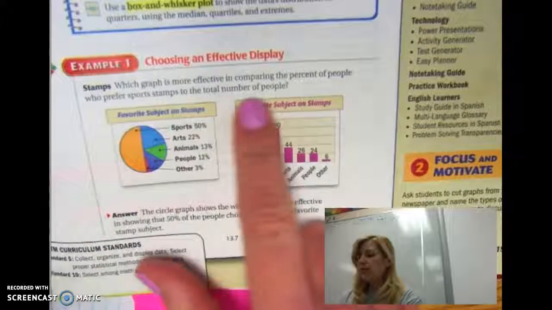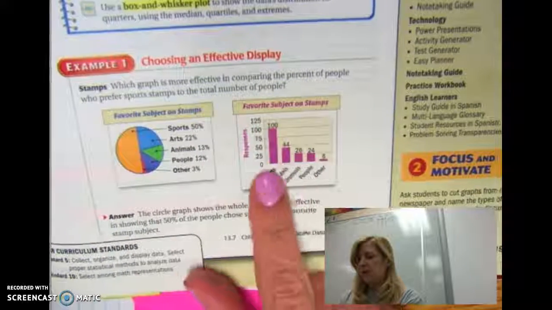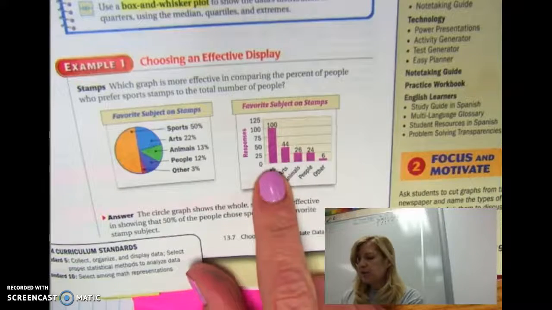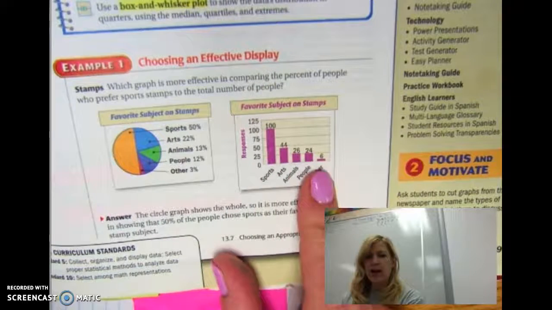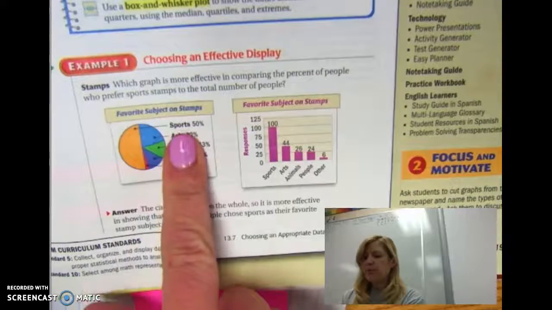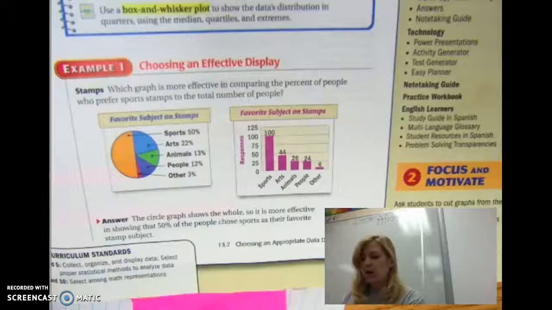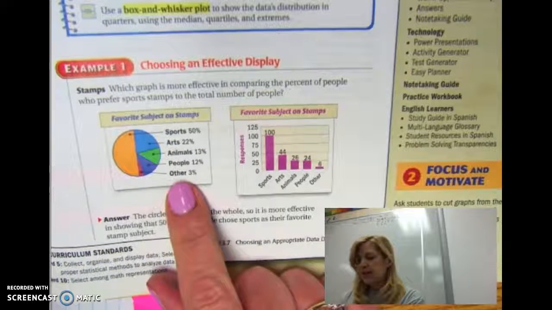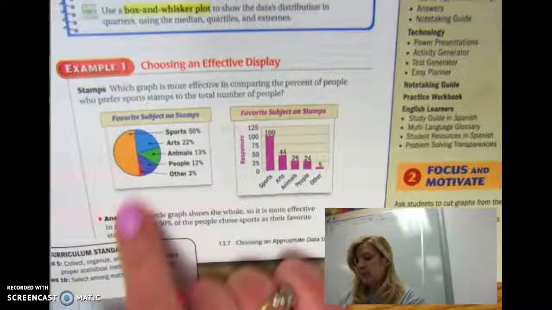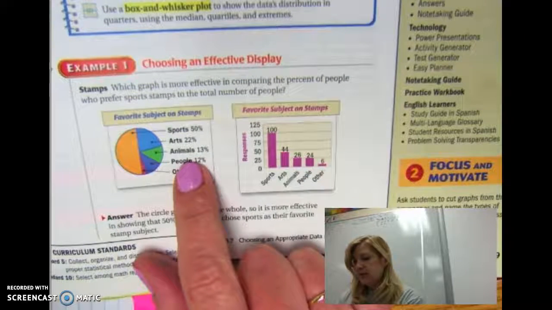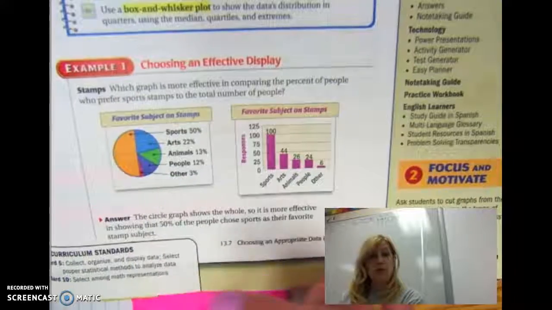But what we are looking for is the percent of people. So although you can see sports is 100 and all of that over here, this one shows the percent more readily because it's out of one whole. You can see the pie chart really well, and you can see that most people do prefer the sports. And then some of the least preferred are the people, and I don't know what the others are.